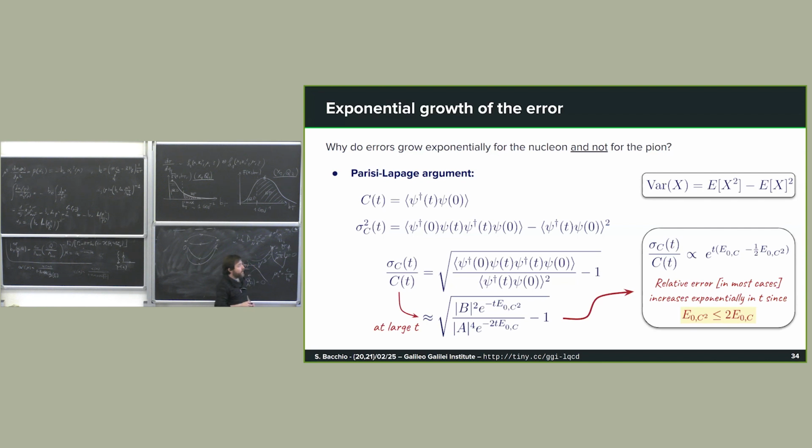What state do we expect to be dominant? The ground state that we expect to be dominant here might be different from the ground state we expect to be dominant here. So here we said that our ground state is a pion. Here might not be a pion square, might be something else. So if we assume ground state dominance in both, you can easily find this formula where at the numerator you have the energy of the state square.